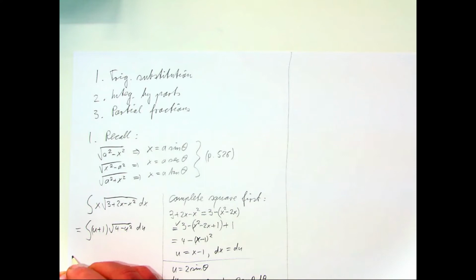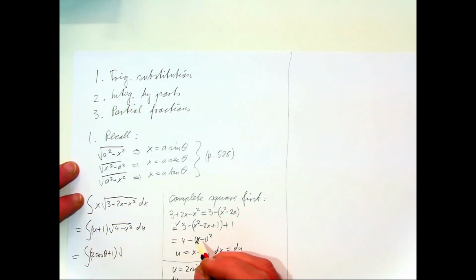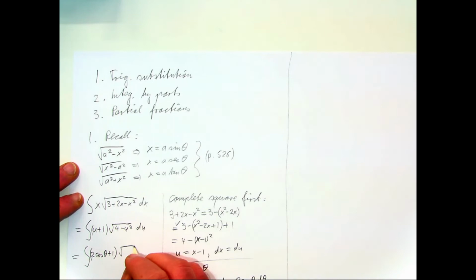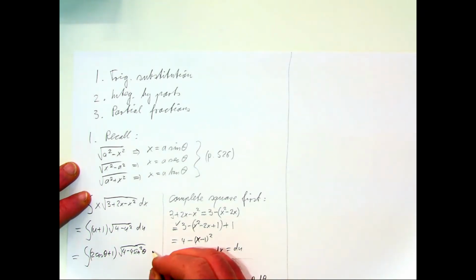And the whole thing becomes here 2 sine theta plus 1. And under the root I have 4 minus 4 sine squared of theta. And the du is 2 cos theta d theta, which comes in here.